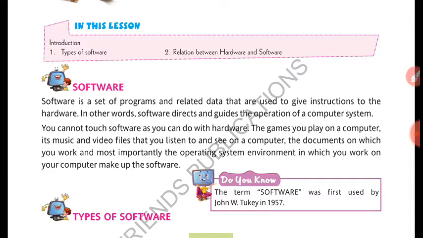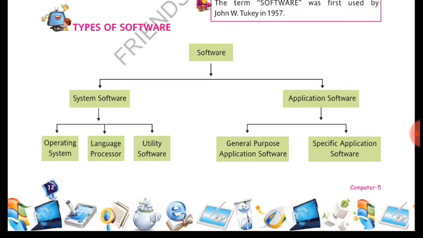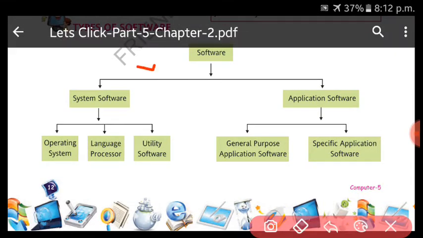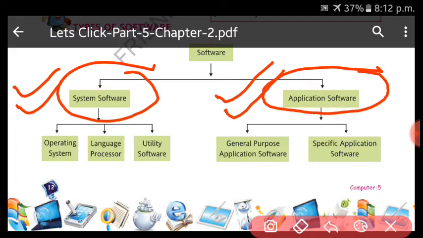This term, software, was first used by John W. Tukey in 1957. You need to remember that. Now the important thing is types of software. System software and application software, as the name suggests: system software is developed for the system, and application software is developed for some purpose, for use.